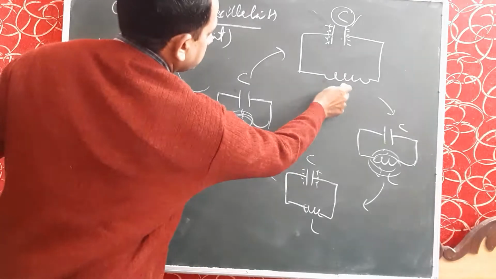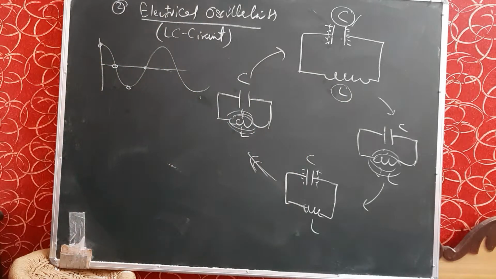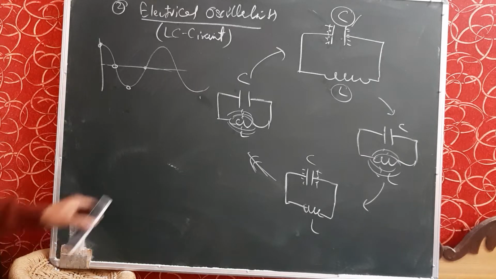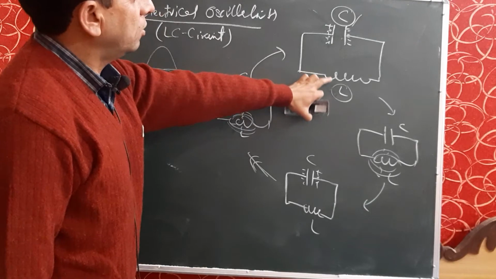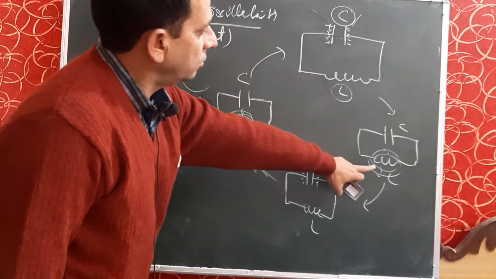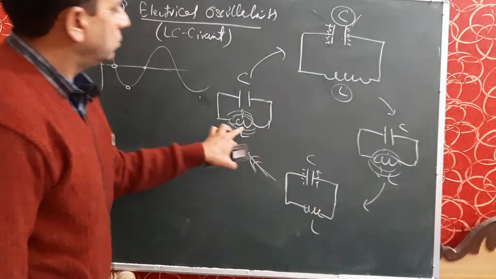When we observe the behavior of the inductor, initially the inductor is not charged and the charge across it is 0, and after some time it reaches maximum charge, then 0, then minimum.